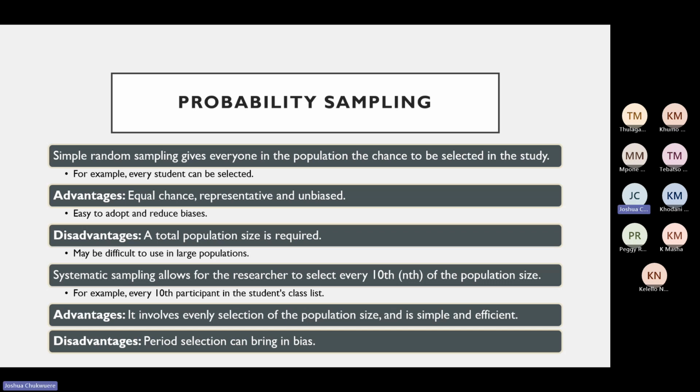So one of the advantages is that there is equal chance of being represented, and it is unbiased. You didn't make your selection based on who is able to get involved, who you can approach, whom you are friends with.